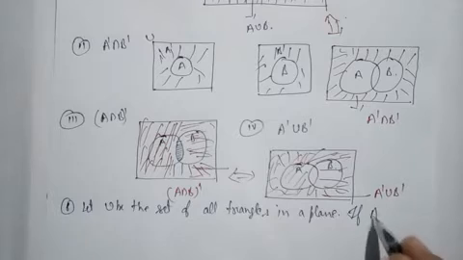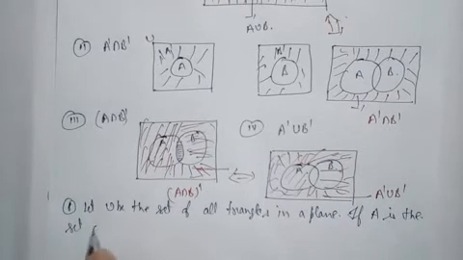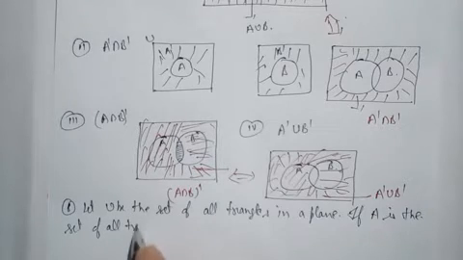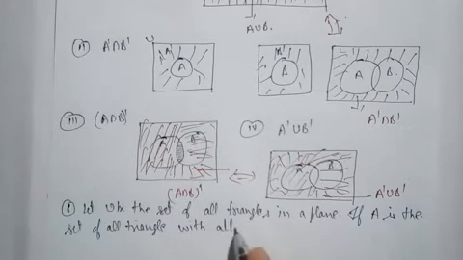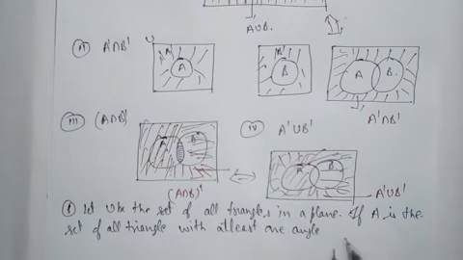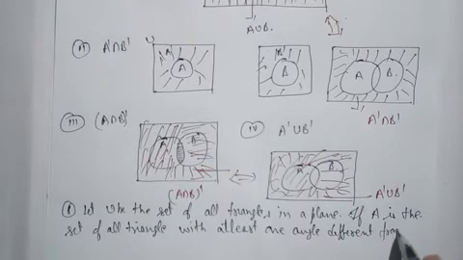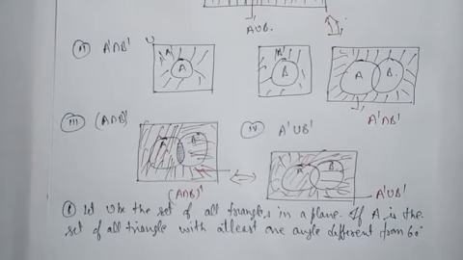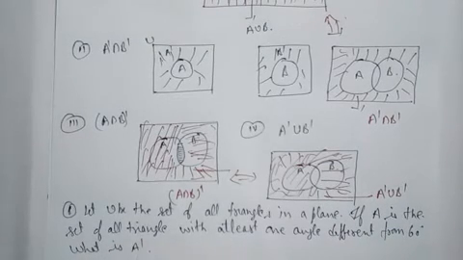If A is the set of all triangles with at least one angle different from 60, so what is A complement?